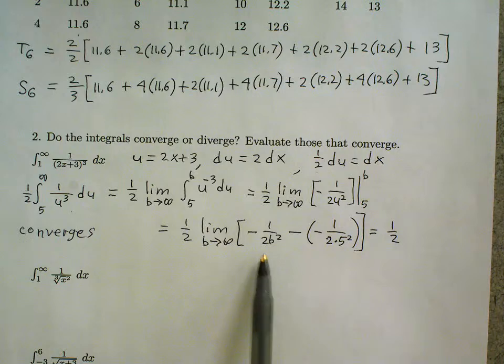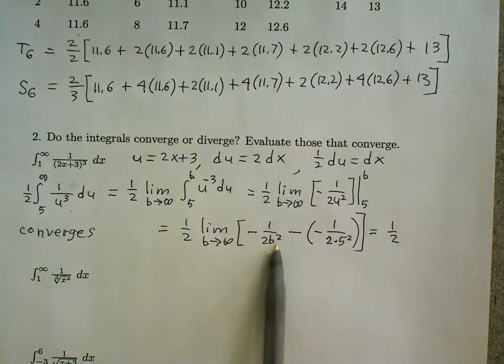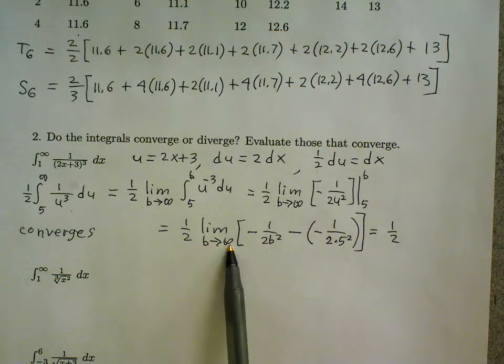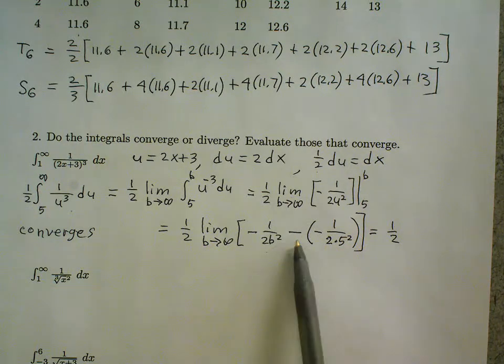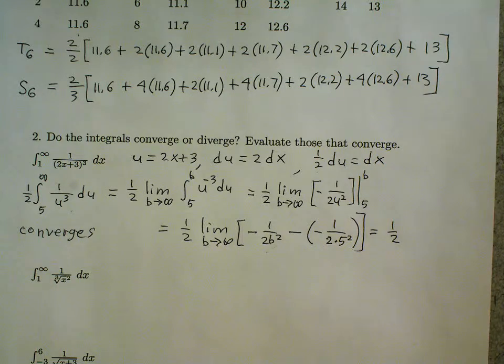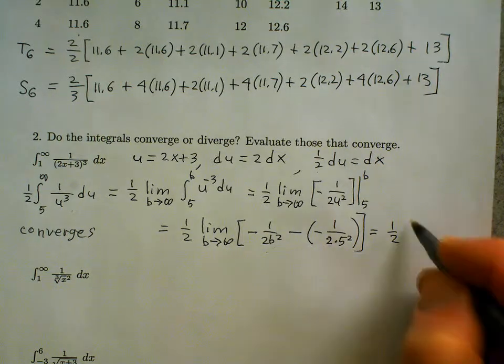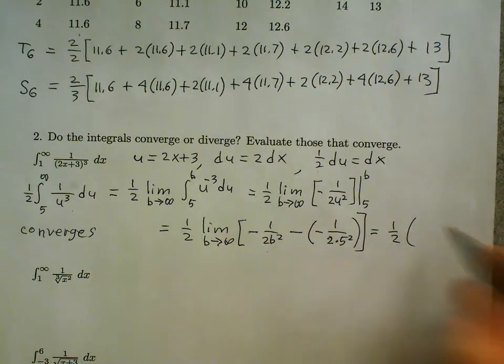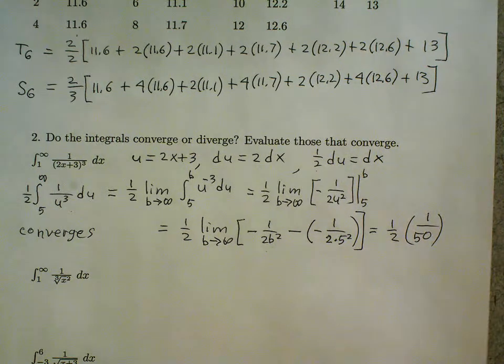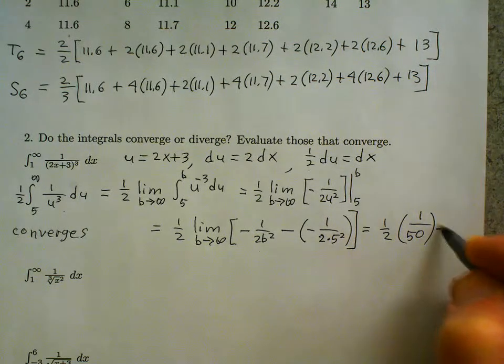When we compute the limit, 1/(2b squared) goes to 0 as b goes to infinity. So we have 0 minus -1/(2 times 5 squared), which is positive 1/50. So the limit is 1/100.